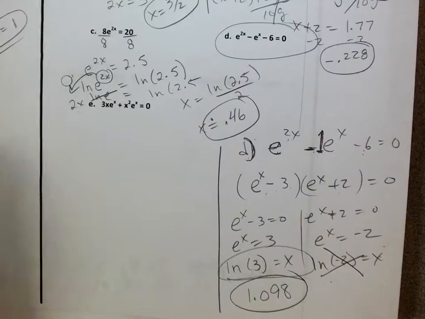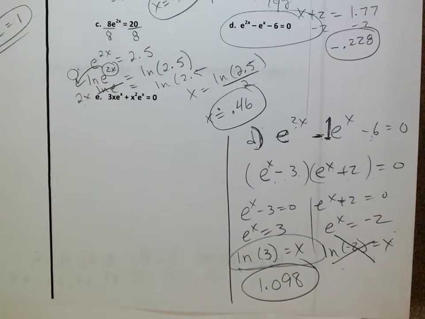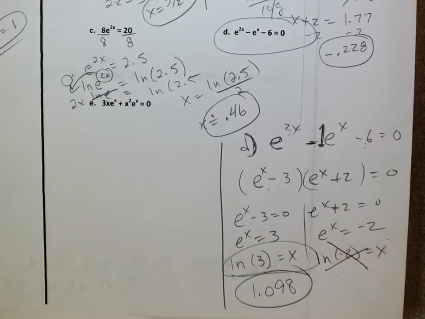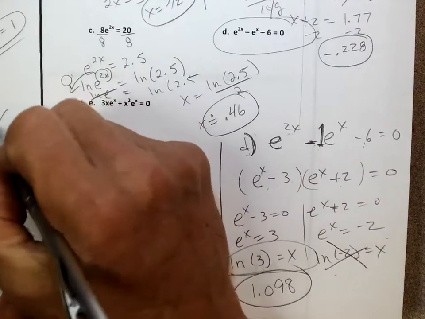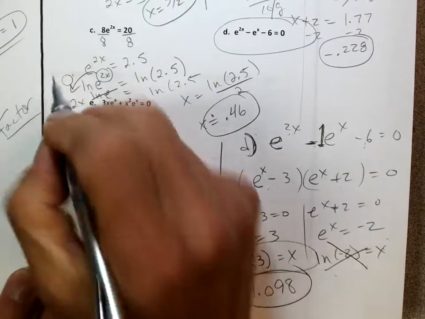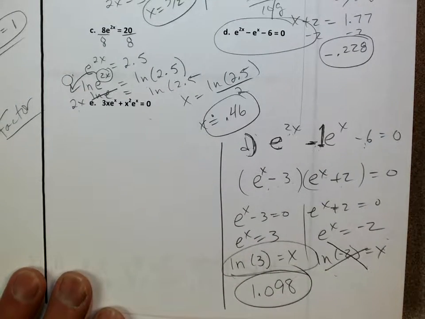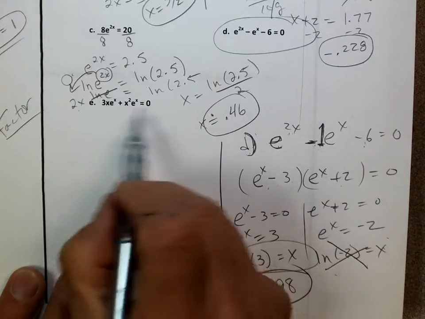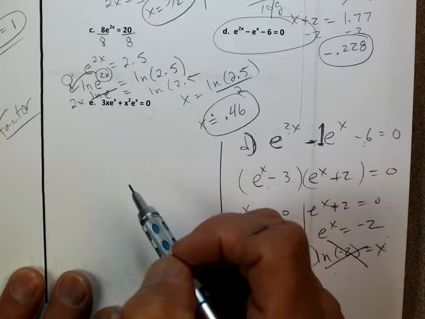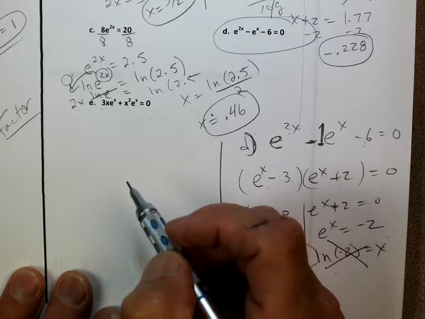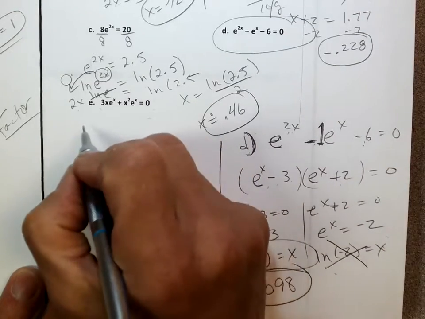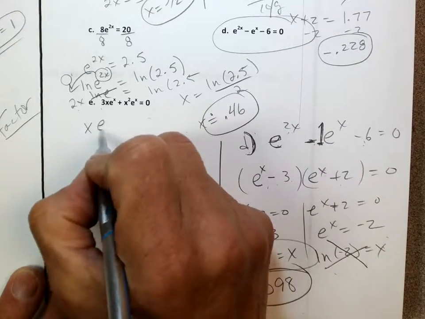Let's do E. Now, if I look at E again, I want to give a hint. How about factoring? When I take a look at E, what do you see that can be factored? An X or an E. Actually, both. How about an X and an E to the X?